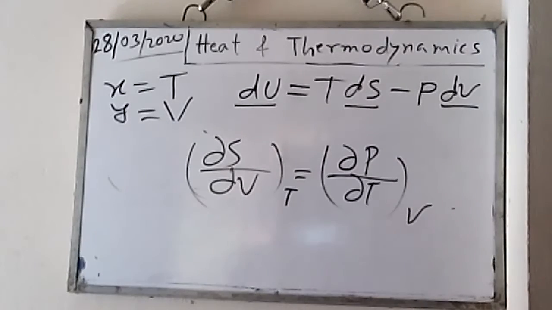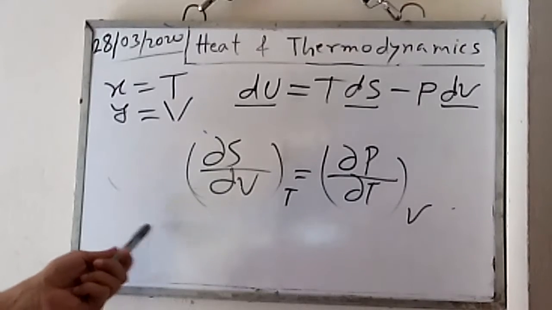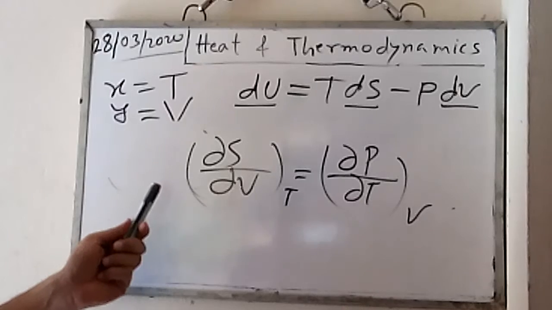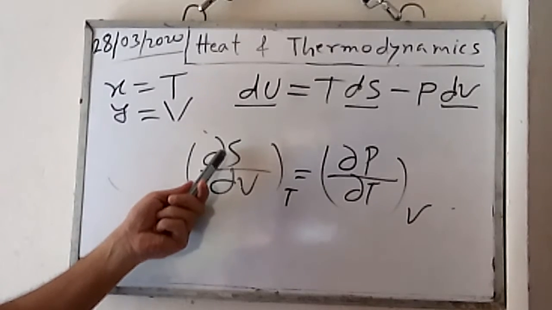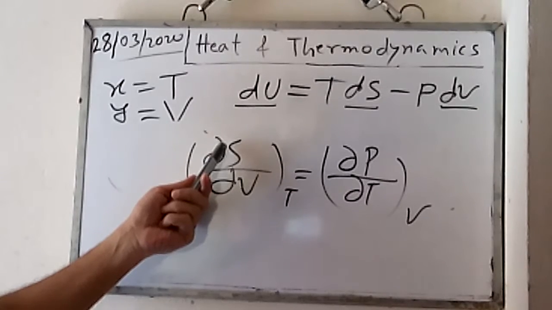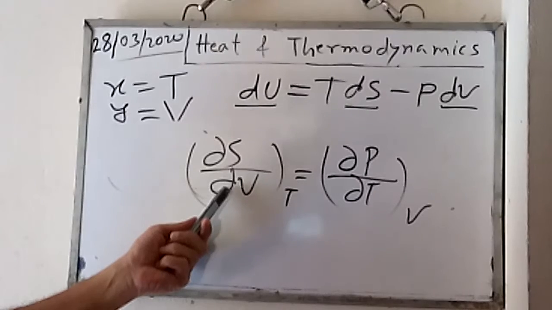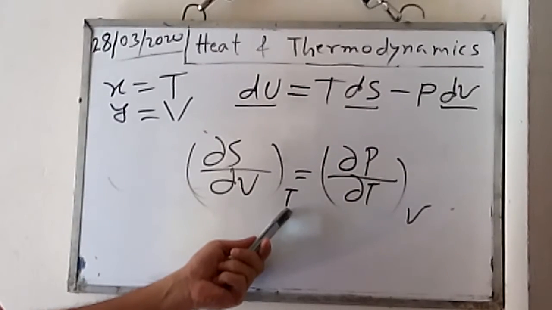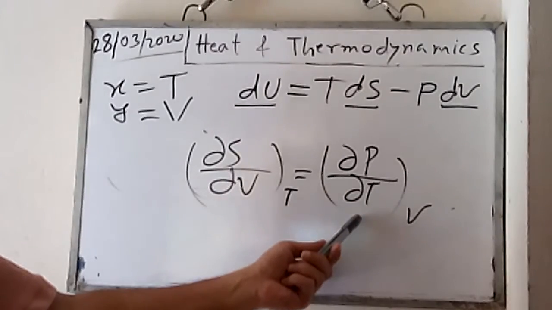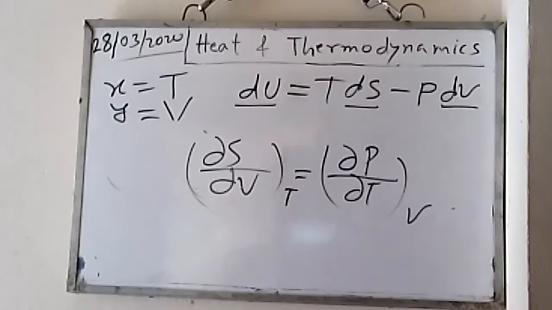This equation implies that the increase of entropy per unit increase of volume at constant temperature is equal to the increase of pressure per unit increase of temperature in an isochoric process.